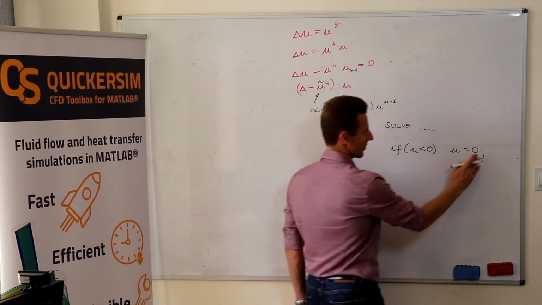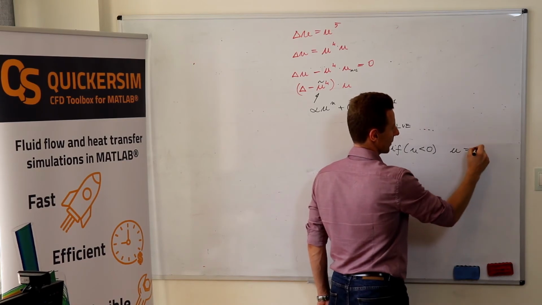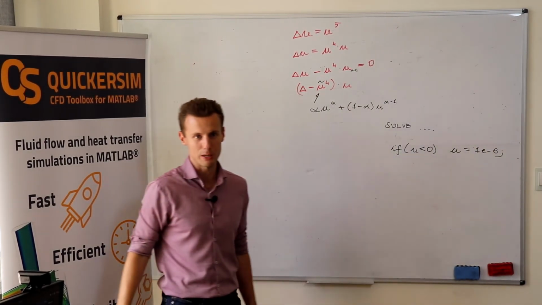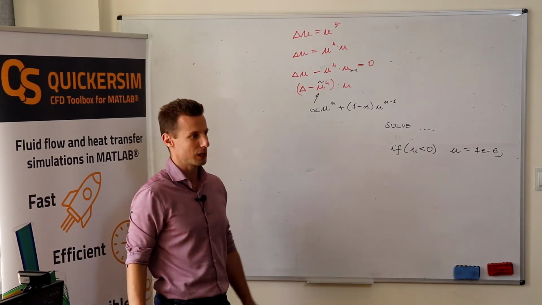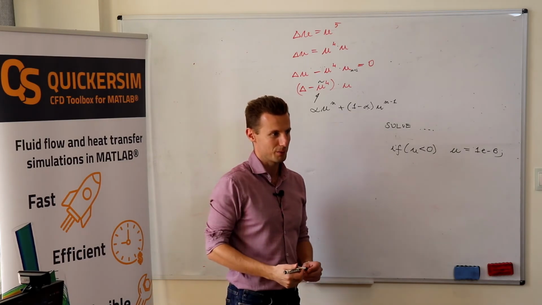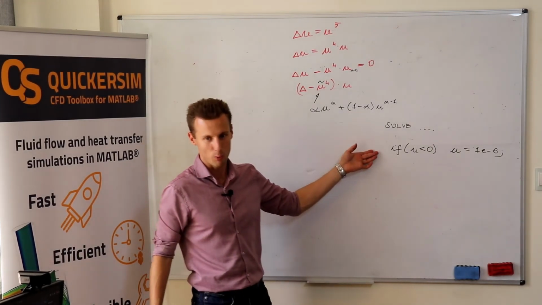Or equals 10 to the power of -6, because maybe for some reason it is important for you to keep it not 0, but very, very close to 0. A very, very naive way.